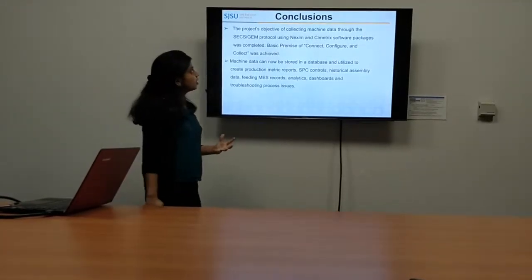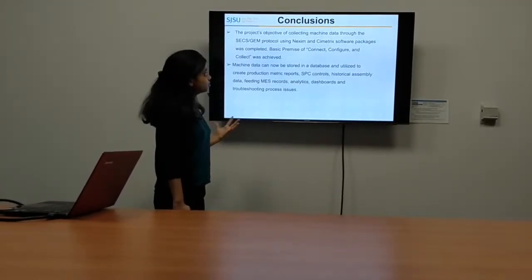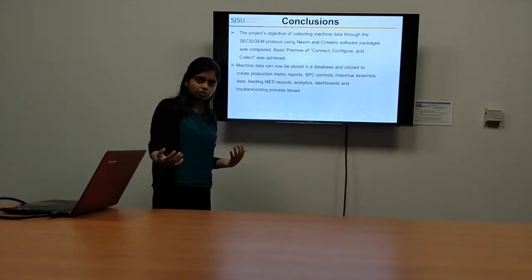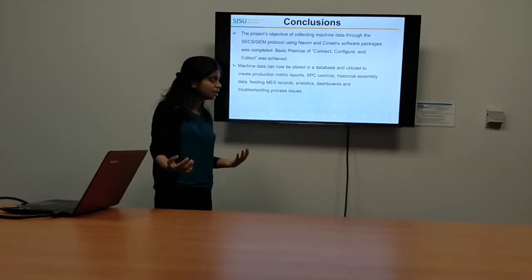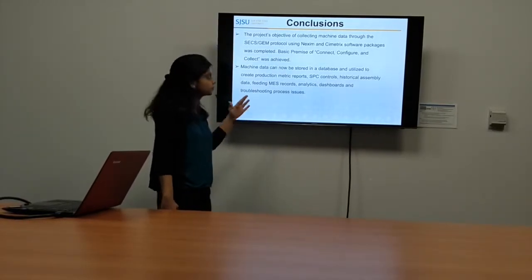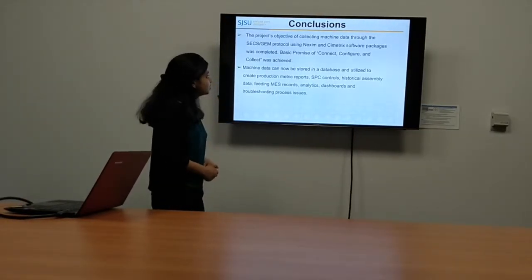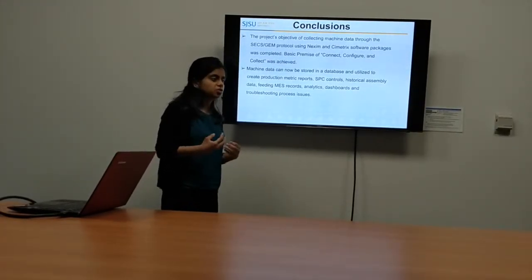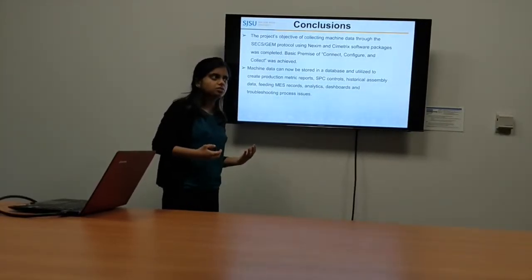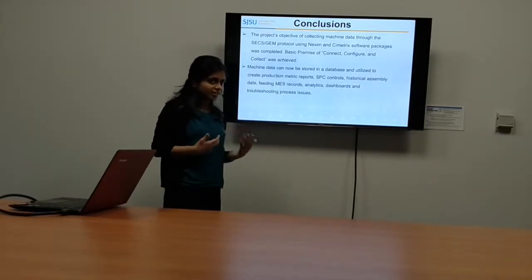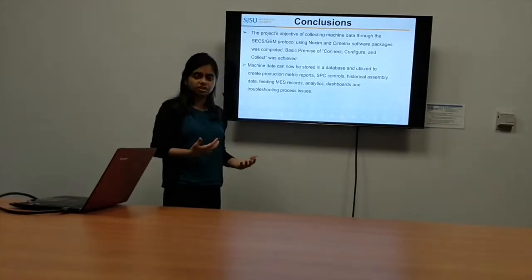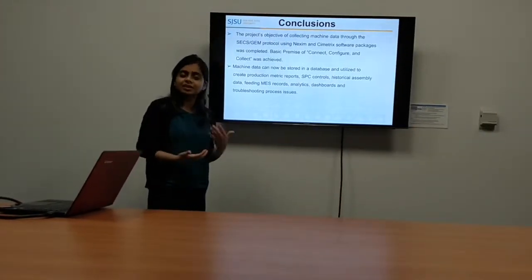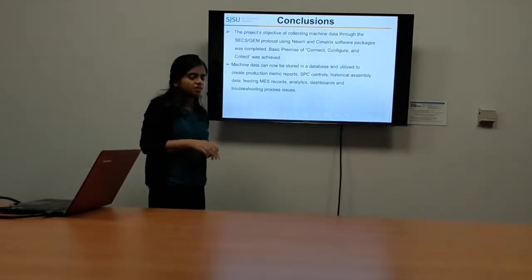So to conclude, our project objective was to connect, configure and collect the data coming out of the Fuji NXT pick and place machine, and that was very much accomplished. And the happiest part of this project was that the data was real time. Right now, in industries like Jabil, the existing software and the existing configuration that they were following didn't get them the data in a real-time fashion.